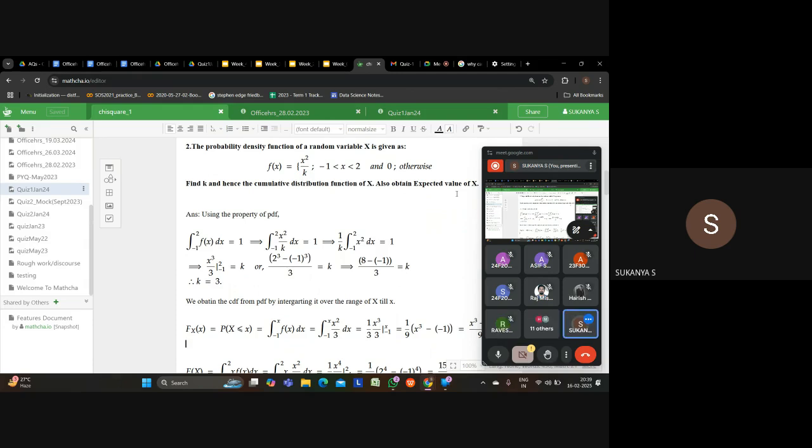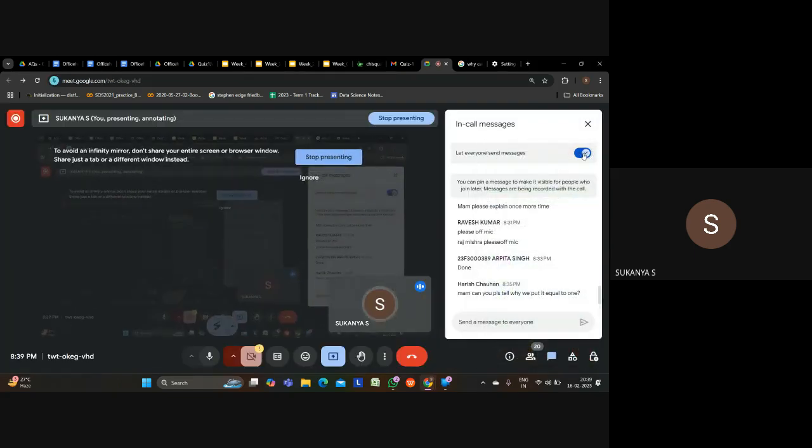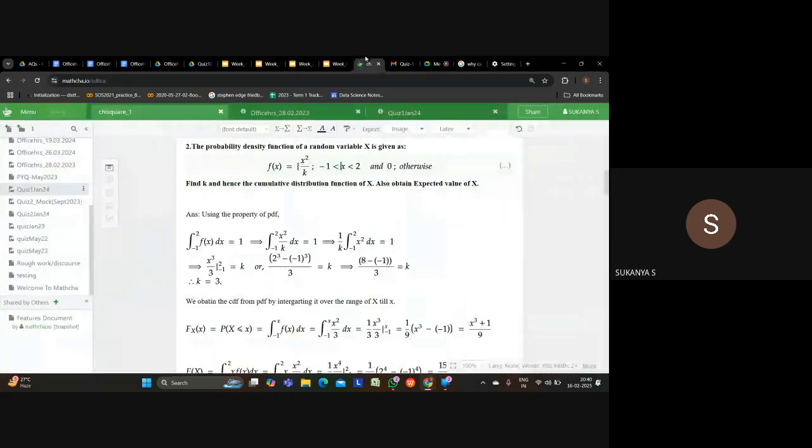What is E of x? X times PDF, over the range of x, here it is -1 to 2. Over the range of x, you do x into f of x dx. So x into x square by 3 dx. E of x is equal to the integral of x into x square by 3 dx.